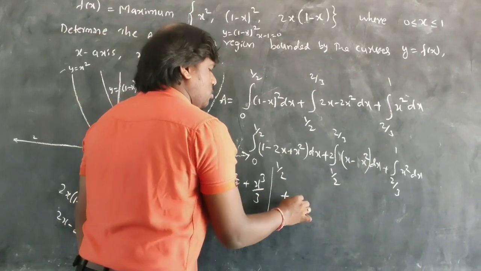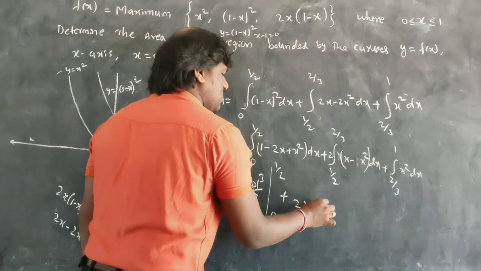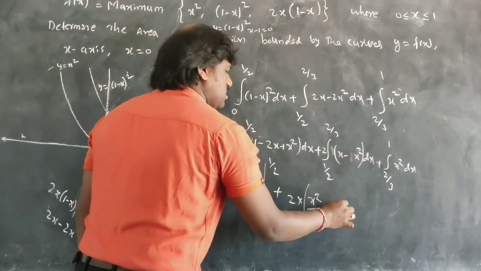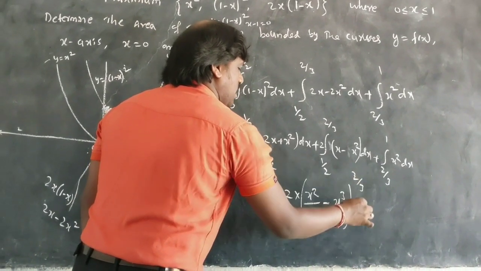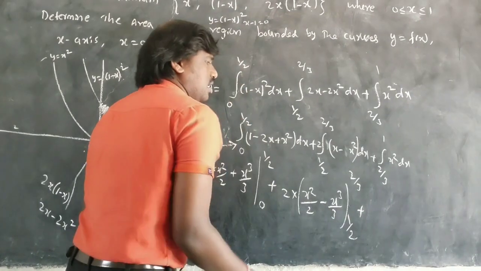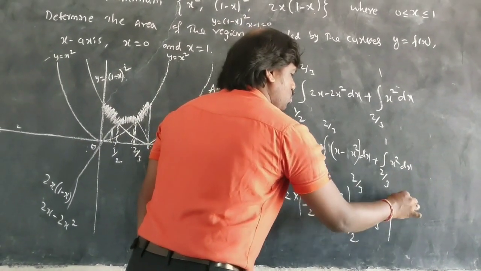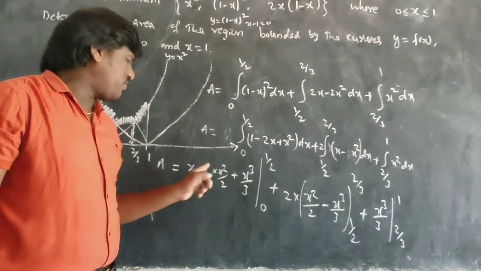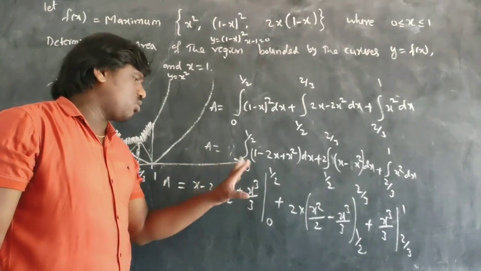Plus now here 2 times the integration of x, which is x square by 2, minus the integration of x square, x cube by 3, and you can substitute 2 by 3 and half. Plus the integration of x square, x cube by 3, and substitute 1 and 2 by 3. This is simple mathematics. Half you substitute here, 0 you substitute. This 0 is of no use.